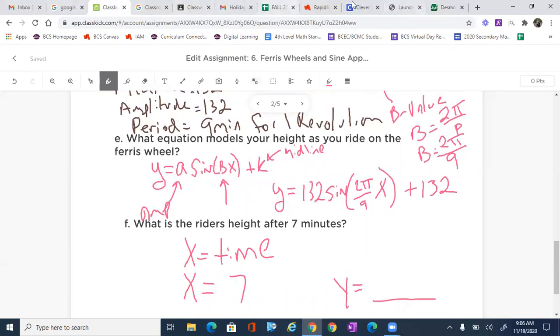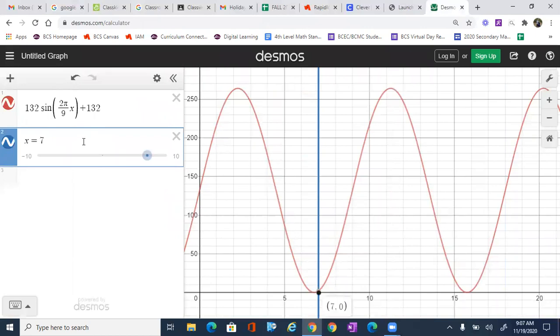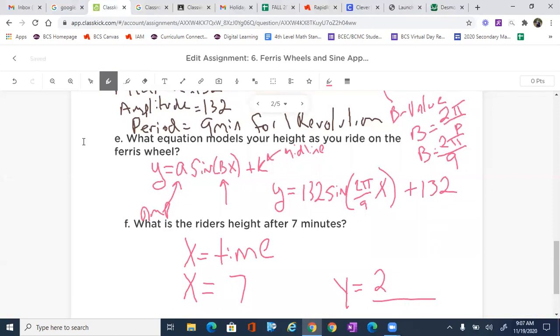So let's go back to Desmos and plug it in. Let's find x equals 7. And we can find out the height at 7 minutes. At 7 minutes, it looks like, oops, wrong one, that we are at about 2 feet above ground level. So 2 feet above ground level.